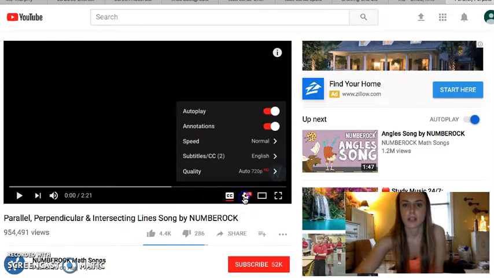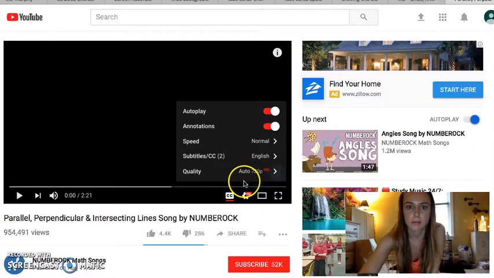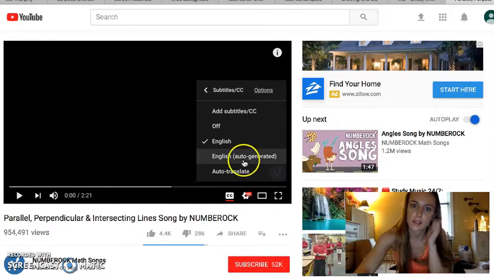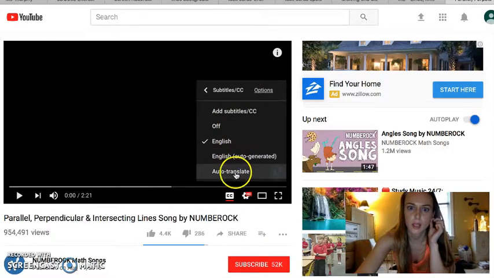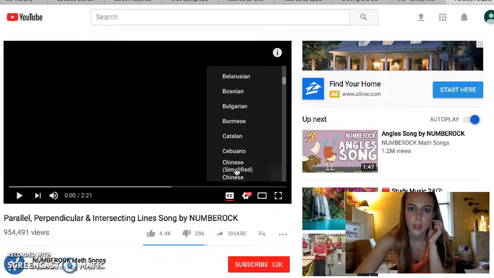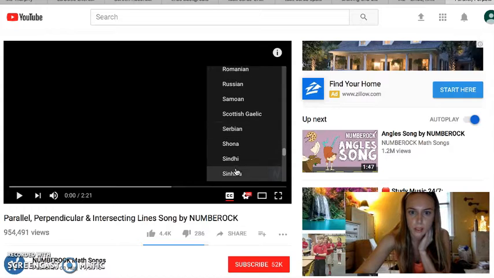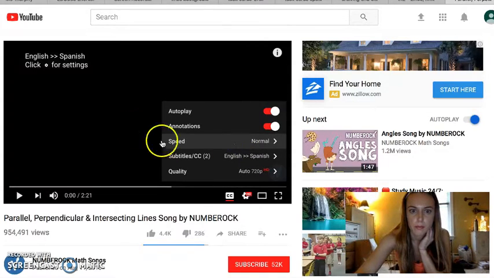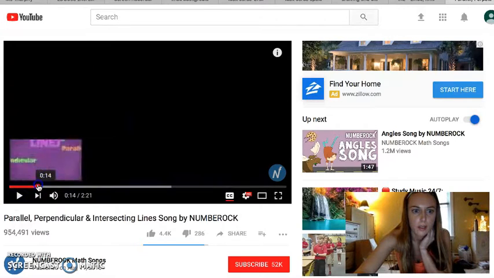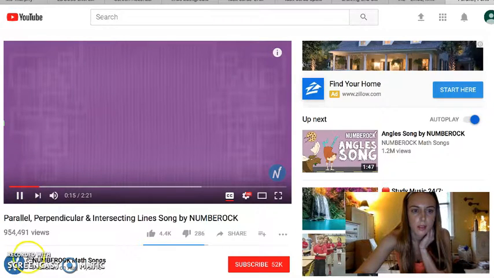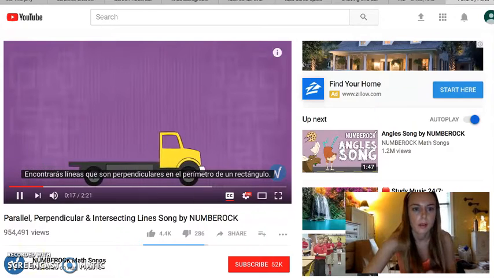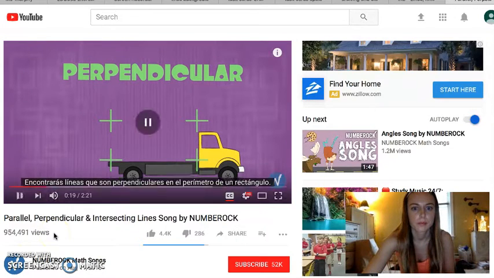And then I found if you go to settings and then subtitles, you can hit auto translate. And then if I wanted to do Spanish, you'll find lines that are perpendicular.